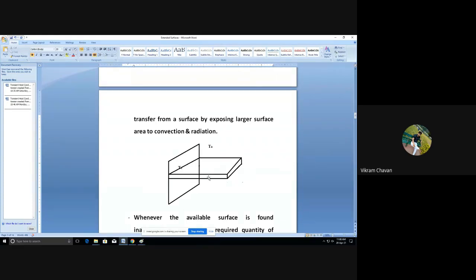Draw the figure for understanding purposes.